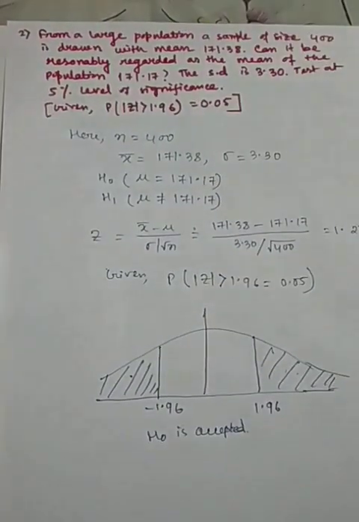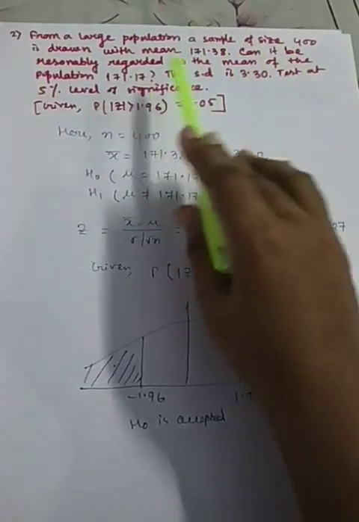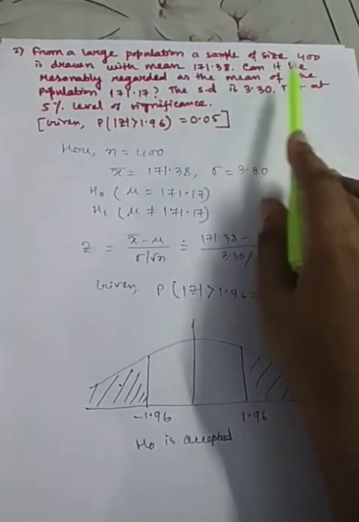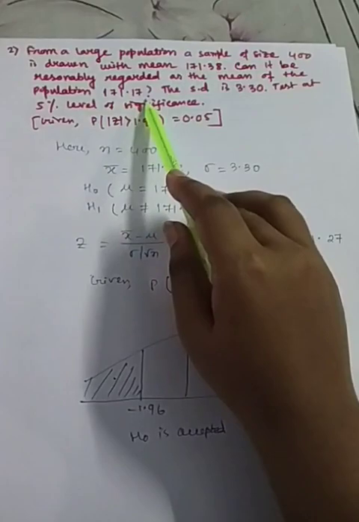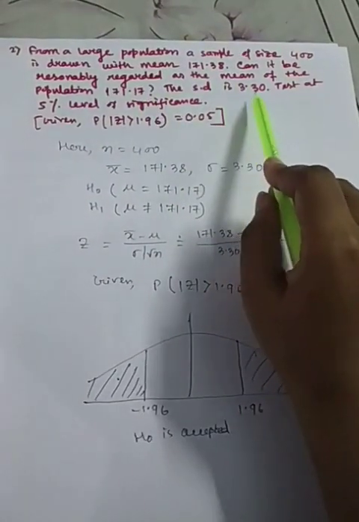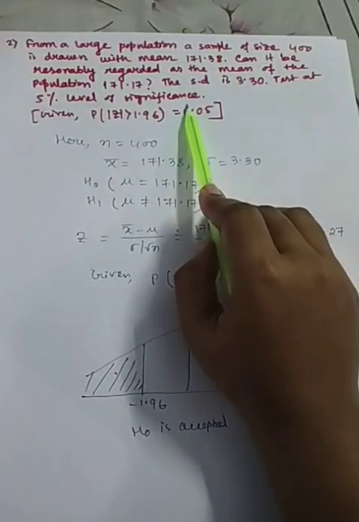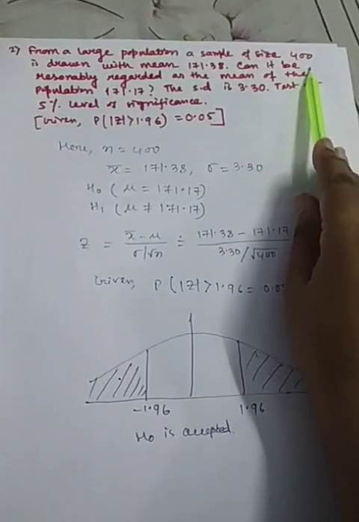Similarly, consider the second example. From a large population, a sample of size 400 is drawn with mean 171.38. Can it be reasonably regarded as coming from a population with mean 171.17? The standard deviation is 3.30. Test at 5% level of significance. So here your sample size n equals 400.